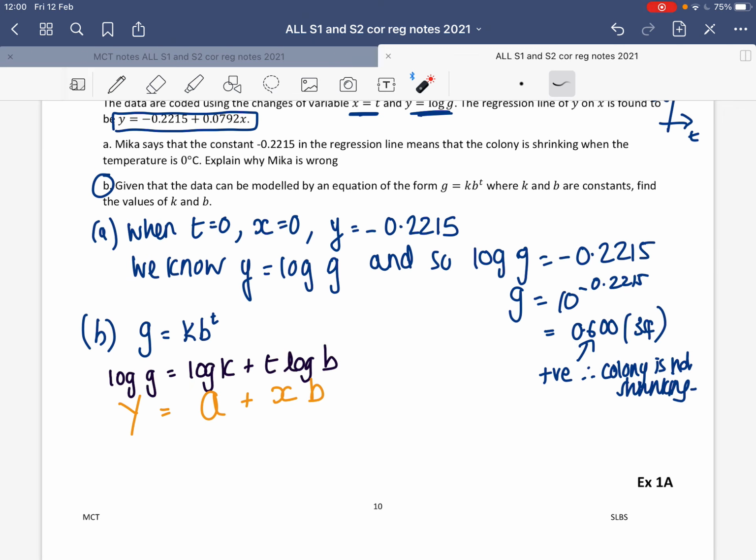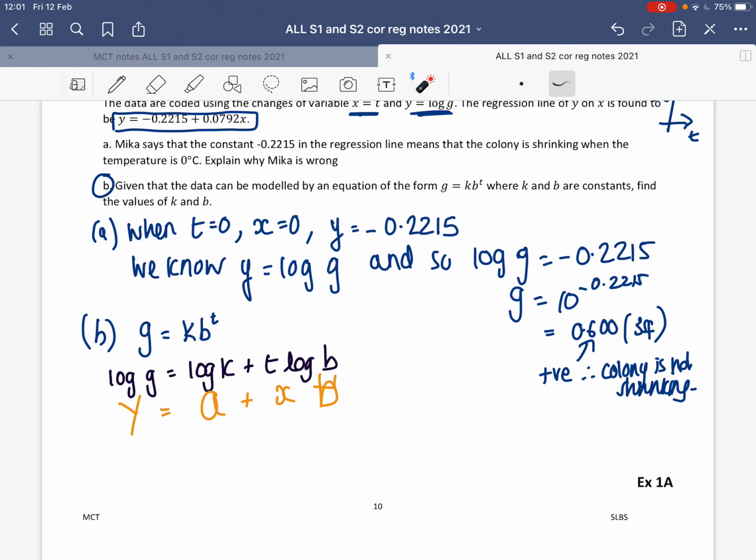So plotting log B against log, that's the wrong thing, B is a constant. Let's try that again. So plus BX, okay?